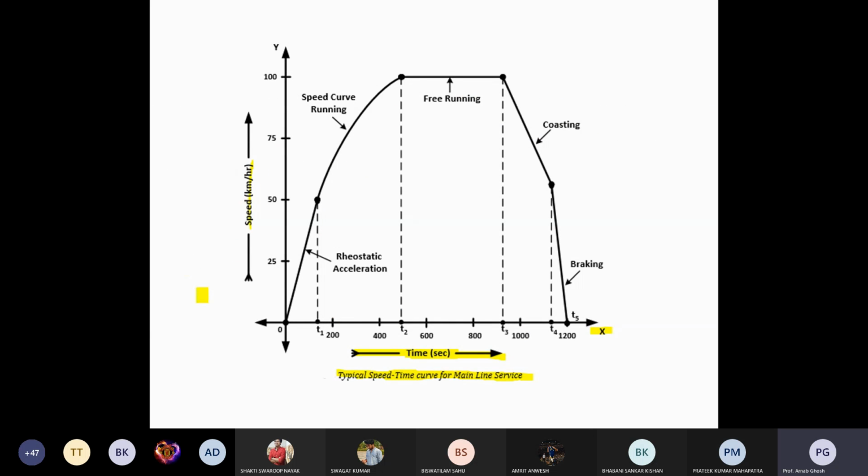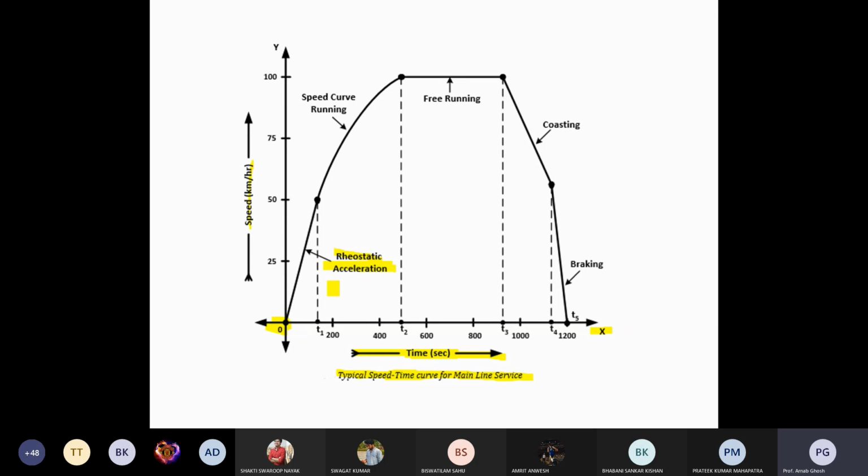How is that possible? You can use the tap changer to increase the armature voltage. Then you can first keep the rheostat at a high position and gradually make it low. That's why it is called rheostatic acceleration. So from zero, the time t1 is the rheostatic acceleration.